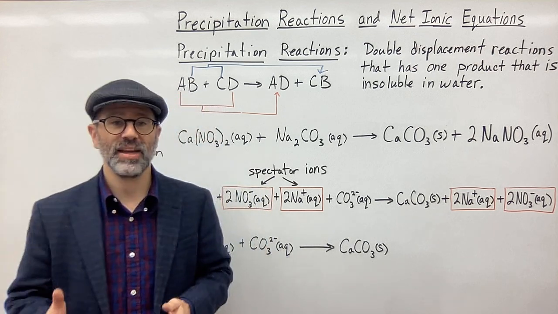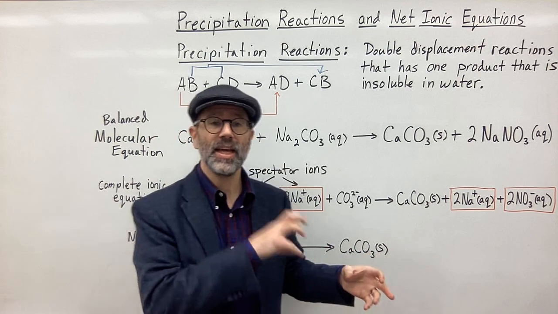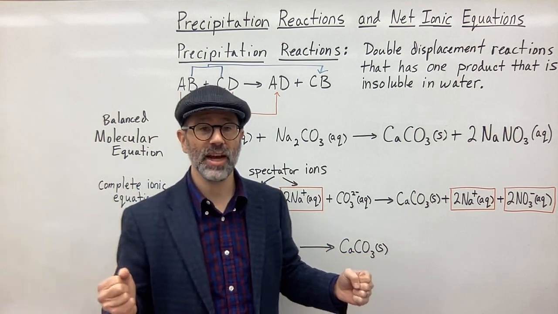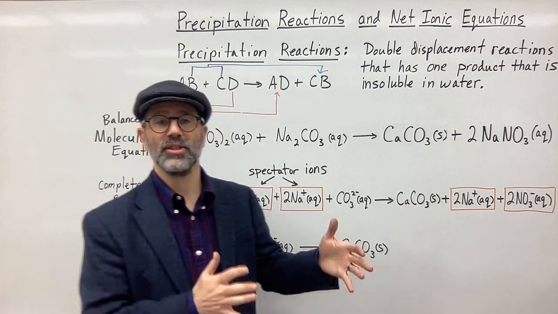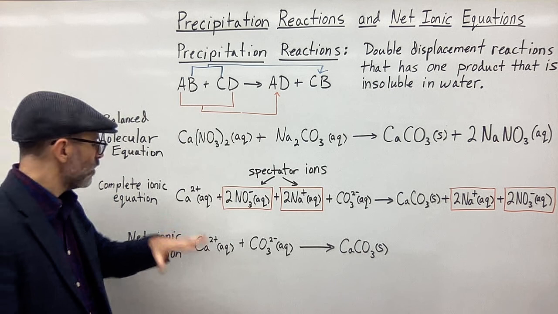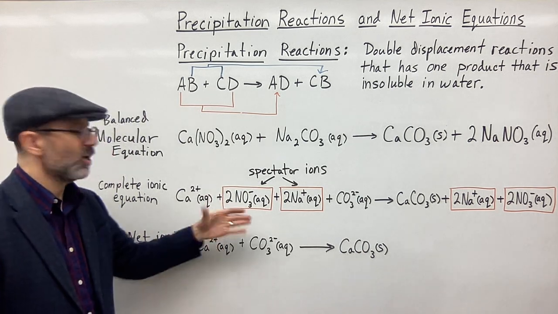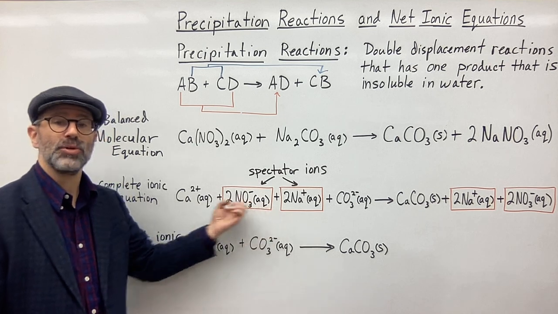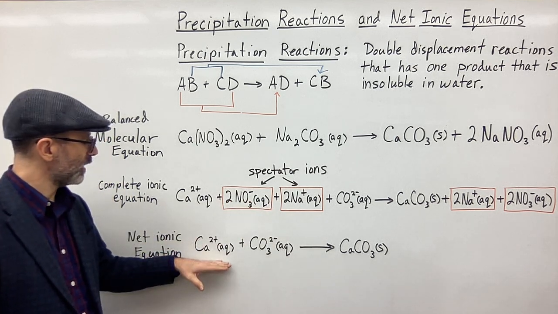The net pay is what you get after the government has taken taxes out of your paycheck. Whatever's left is the net pay. So that's what you actually get to put in your bank account. So for the net ionic equation, you're going to write it with the spectator ions removed from the equation. So whatever's left is your net ionic equation.